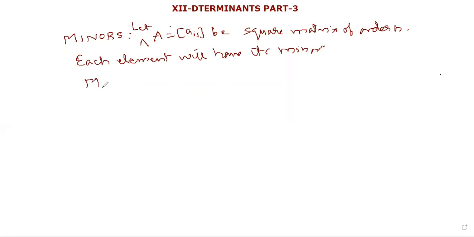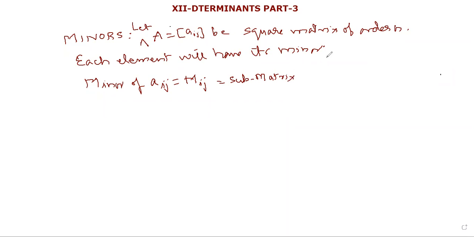The minor of element aij, meaning a11, a12, any element, is denoted by Mij, and it is obtained by leaving the ith row and jth column. Actually we should write the submatrix. This is the submatrix, meaning if it is 3 by 3, you get a 2 by 2 matrix.